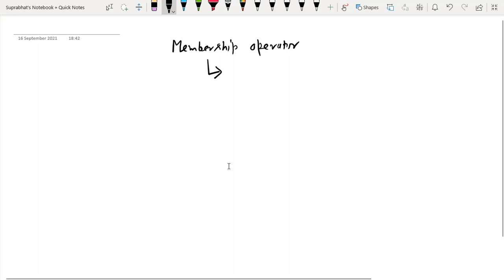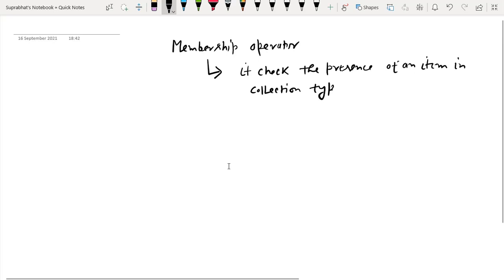So it checks the presence of an item in a collection type. We use in and not in. These are the two membership operators.